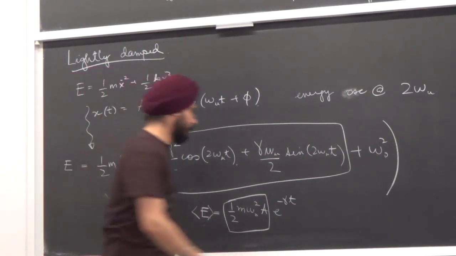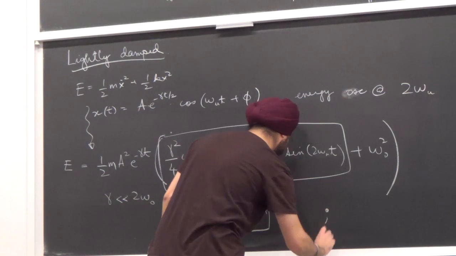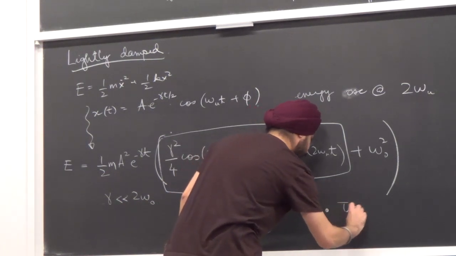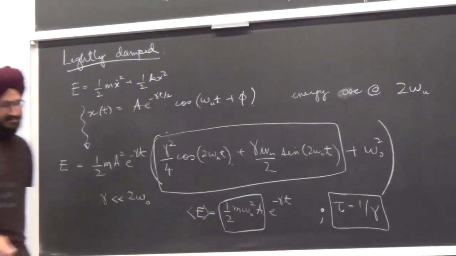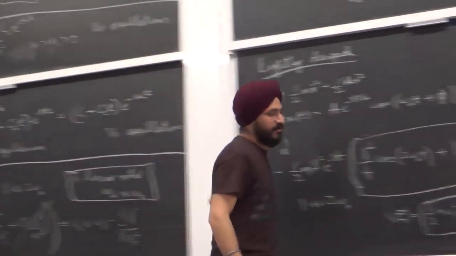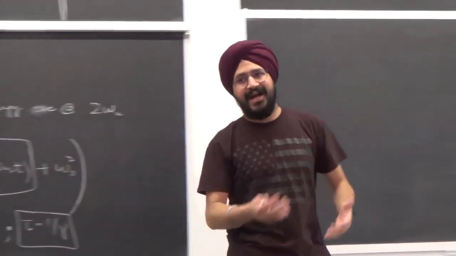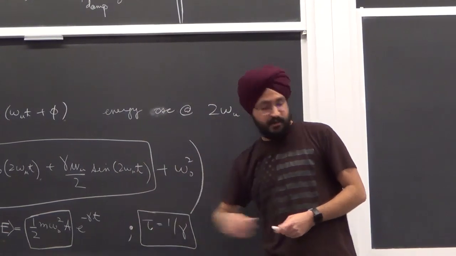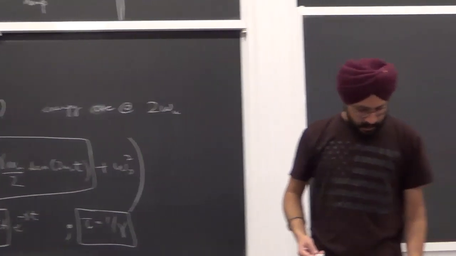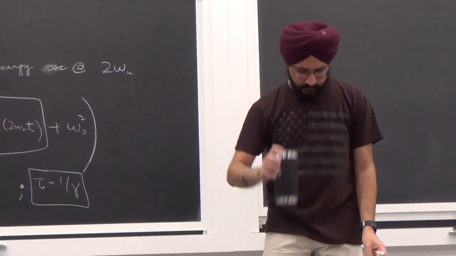As defined in lecture yesterday as well, we call this tau, which was 1 over gamma. It's like the characteristic time, lifetime. I forget these names, but it tells you a characteristic of how fast the energy drops as you go down. Okay. All with me?